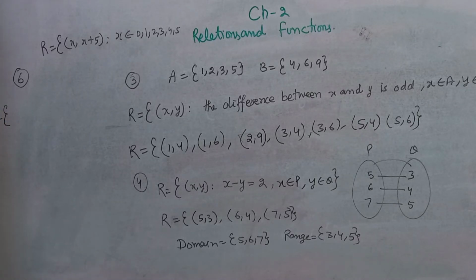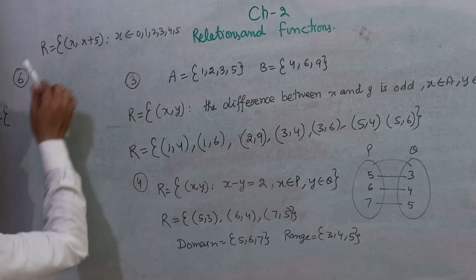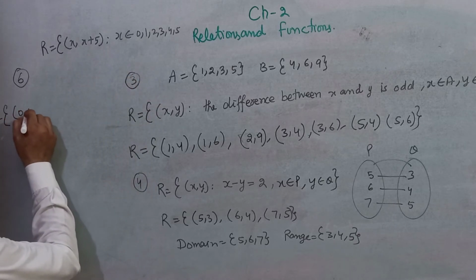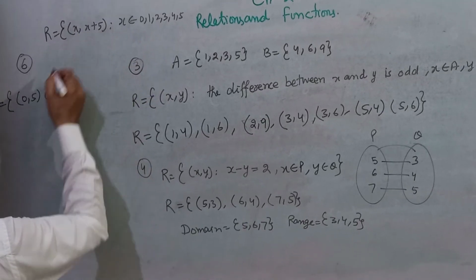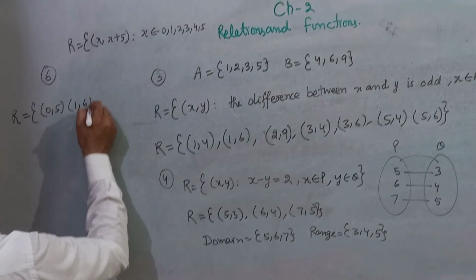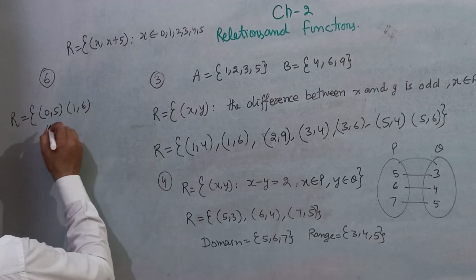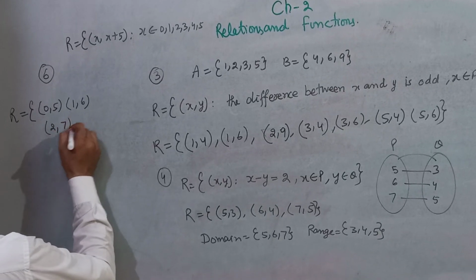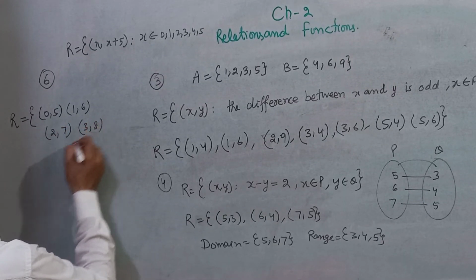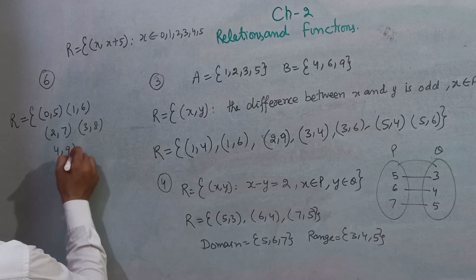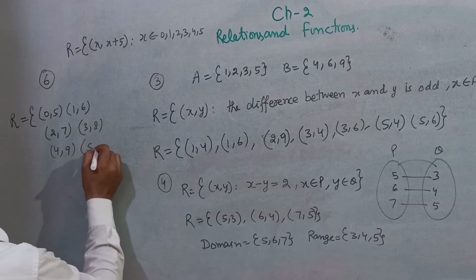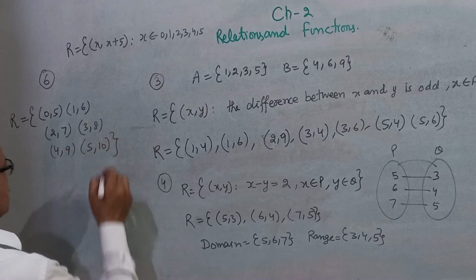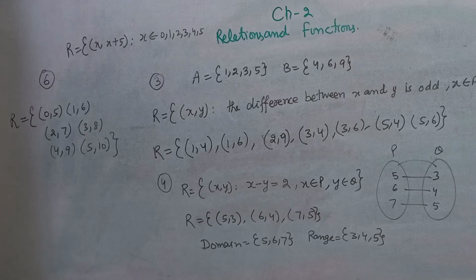When you put 0, the ordered pair is (0, 5). When you put 1, (1, 6). When you put 2, (2, 7), then (3, 8), (4, 9), and (5, 10). This is the roster form of this question.